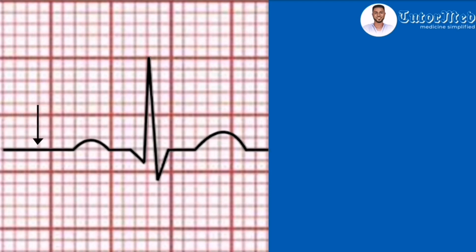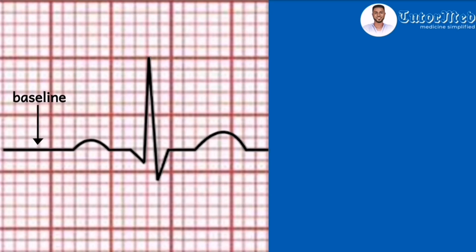This flat or straight line is called the baseline, and the deflections above and below the baseline are called waves. Basically and simply put, a wave is formed when a deflection leaves the baseline and then returns to the baseline. Any deflection above the baseline is a positive wave, whilst deflections below the baseline are negative waves.